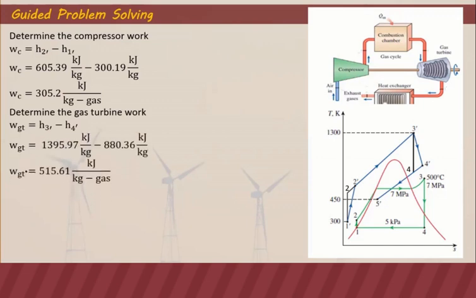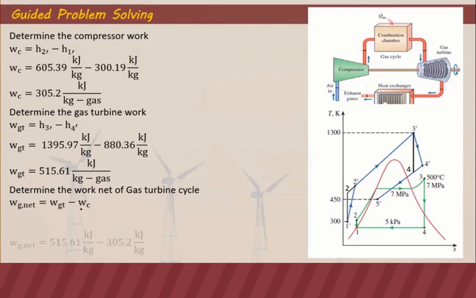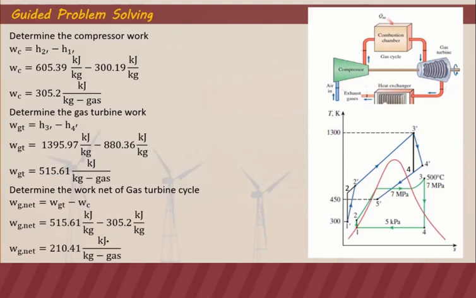So the turbine gas work is 505.61. The net work of the gas turbine cycle is the work of the gas turbine minus the work of the compressor, and that equals 210.41 kilojoules per kilogram gas. Meaning we can produce 210.41 kilojoules per 1 kilogram of gas.